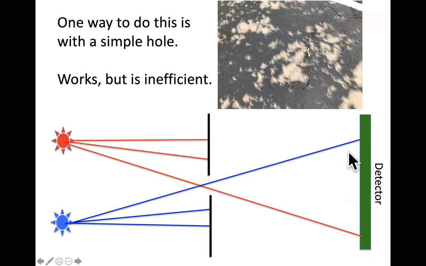The light from the blue star can only get to this part of the detector, otherwise it is blocked. This works. This is what's called a pinhole camera, and it is the simplest way to produce an image on your detector. Now you can say, well, if I see signal here, it's due to a source down here. If I see a signal down here, it's due to a source up here.